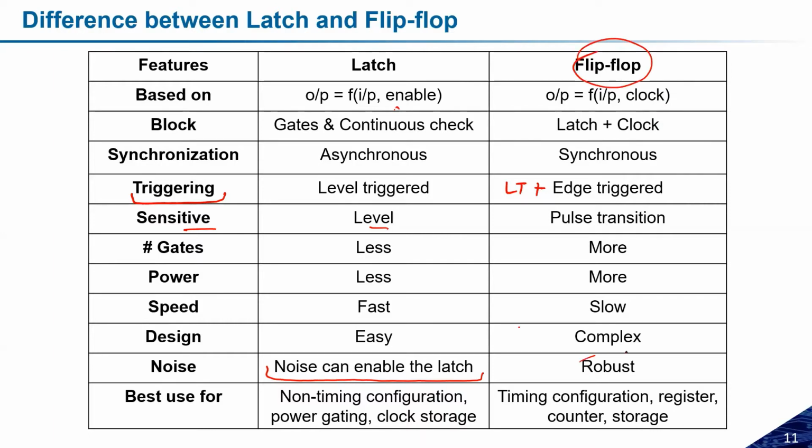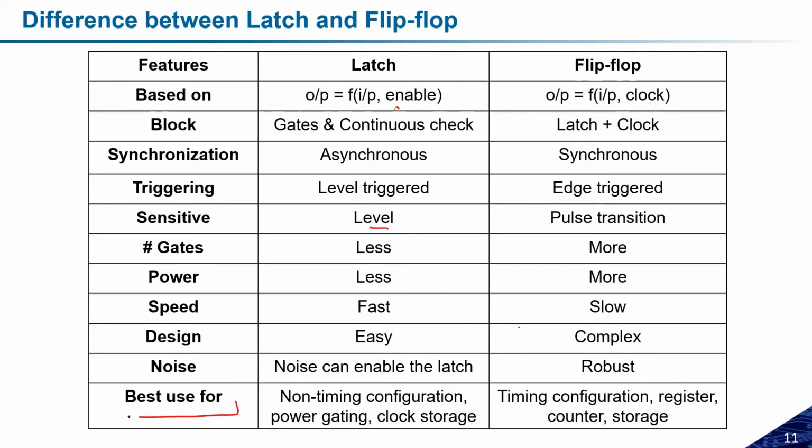Noise can affect the flip-flop only if the clock is active, or at the edges, where there is a possibility. If both are not active, then the chances of noise are very low. So the effect of noise on circuits like flip-flops is very low.